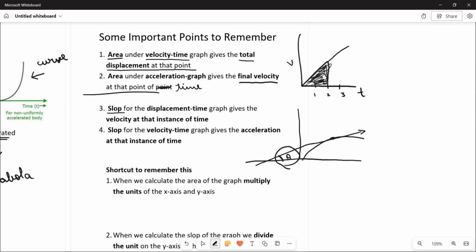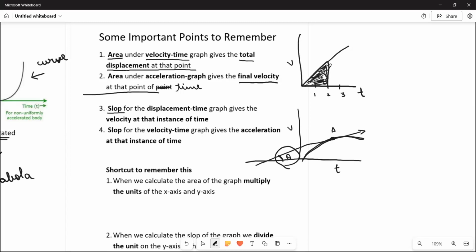Okay, if there is some velocity time graph given to you, and velocity is shown by this curve which I have drawn over here, and we want to check the slope at this point A, we'll draw a tangent at this point, and whatever angle it makes on the x-axis will be called the slope. I hope the concept of slope is clear to you. So we'll discuss it as the application.